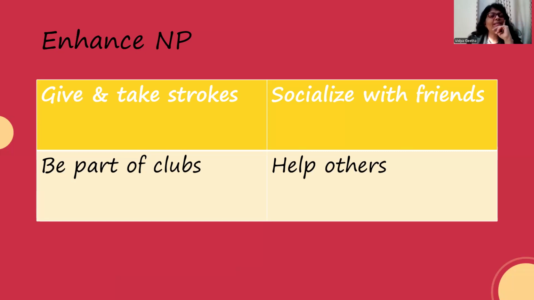So what are the four ways? Give and take strokes. Hope you remember what we mean by strokes. Strokes means psychological touch. Positive, negative, conditional, unconditional. We talked a lot about that. So give and take strokes. Taking strokes is not easy when you're in CP mode.